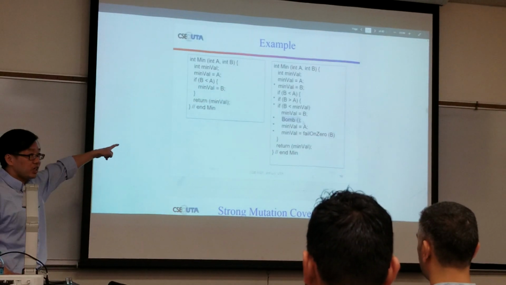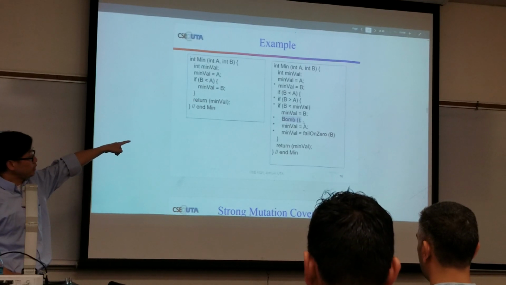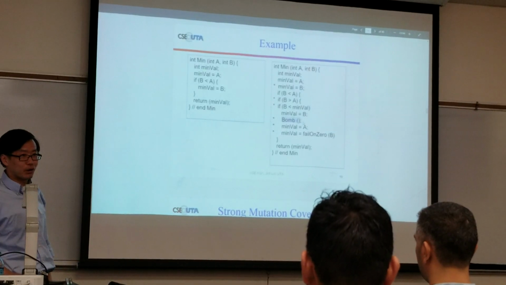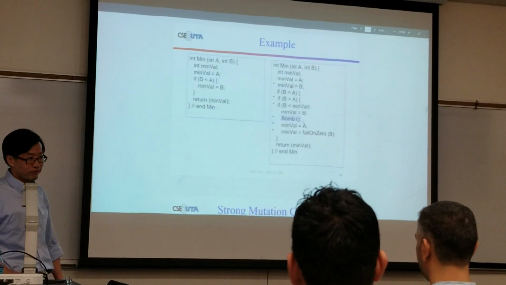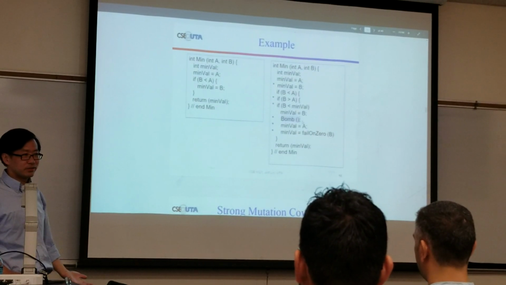If you want to kill this mutant, I guess the behavior is that whenever you execute the bomb statement, the whole program is going to explode, right? It's going to fail. So if you want to kill this mutant, what do you have to do?